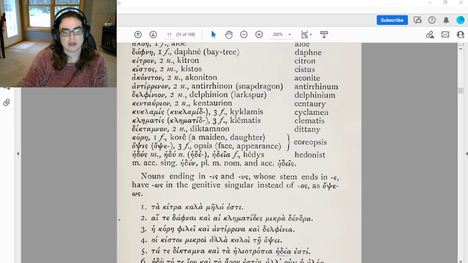Hoi kistoi mikroi alla kaloi he opsei. The kisti are small but beautiful to the appearance, in appearance. There we go. I think we're supposed to use it as a dative of aspect. I might have just made up that one, but something like that.